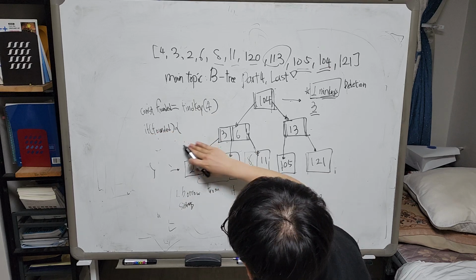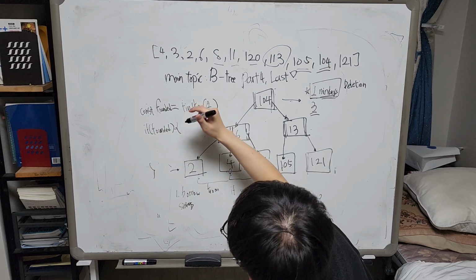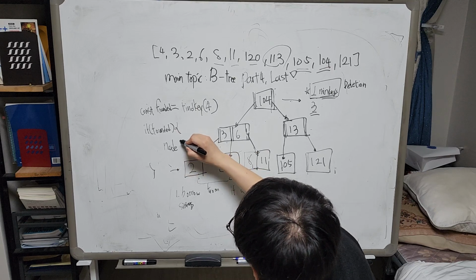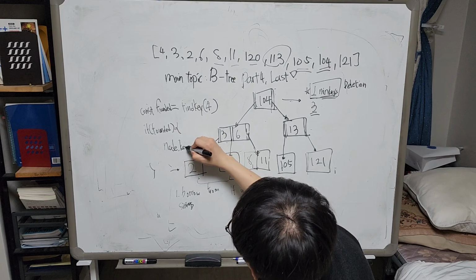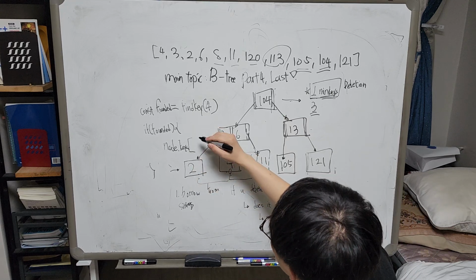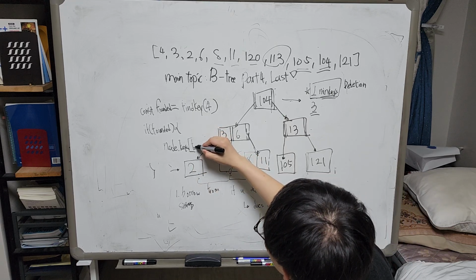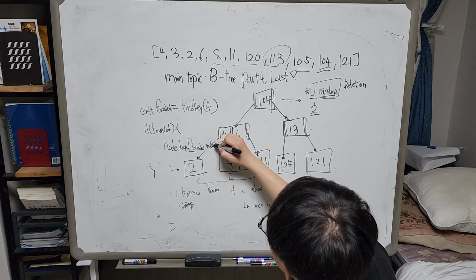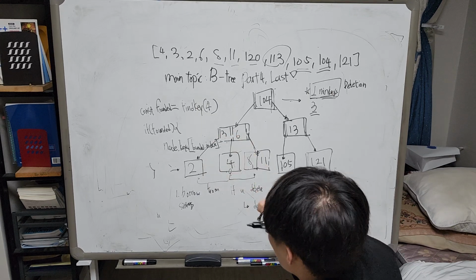So let's say this node, your current node, its keys, because these are the keys, right? The keys at the found index. So it's going to be 4.